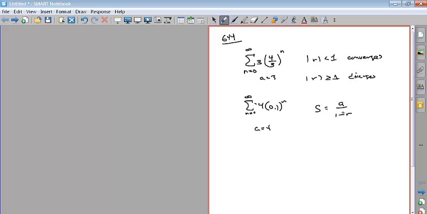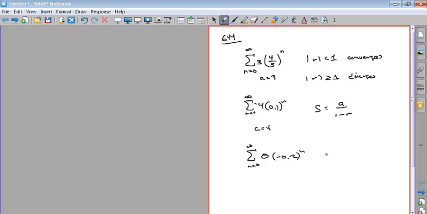And it works whether r is positive or negative. So if I had the summation from n equals 0 to infinity of, say, 8 times negative 0.2 to the n power. Now this would converge because the absolute value of negative 0.2 is positive 0.2, which goes here.